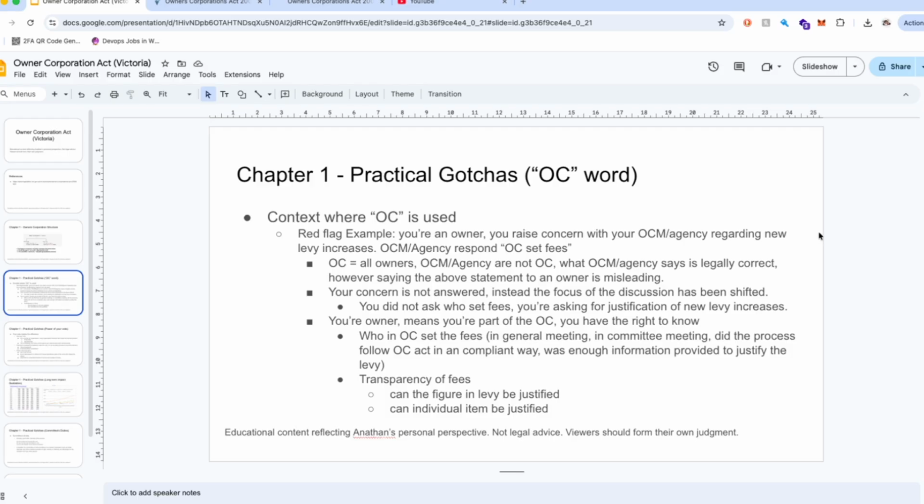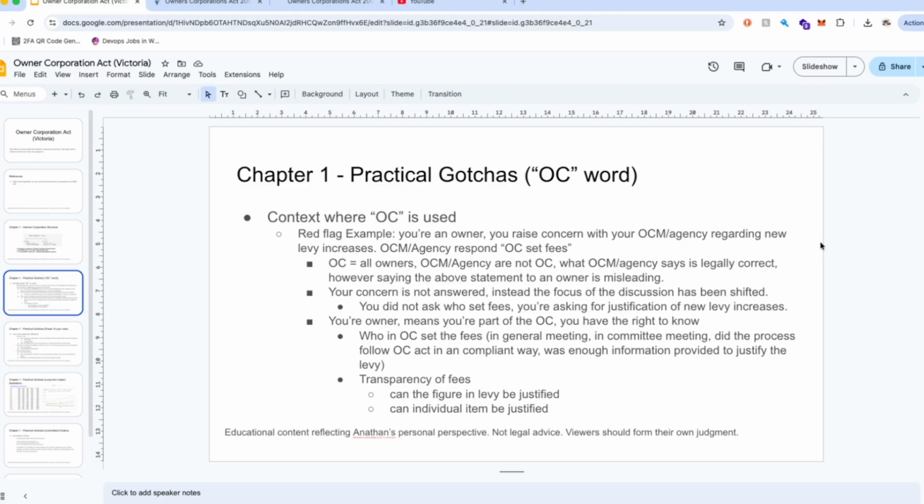Now, this particular statement, "OC set fees," is legally correct. However, you should always pay attention that the OC here stands for all owners. By saying this to you, an OCM or agency, they are not the OC, and they are saying this to you, who is an owner and one of the owners that is part of the OC.